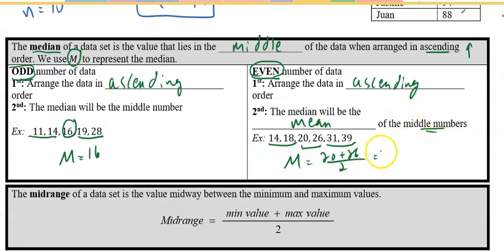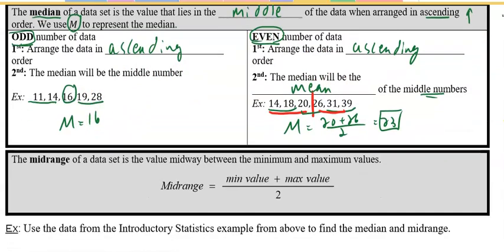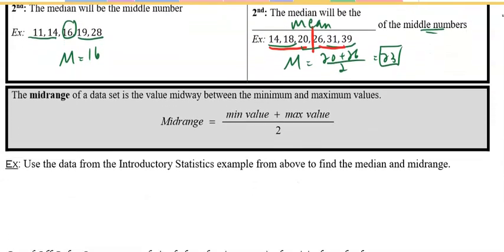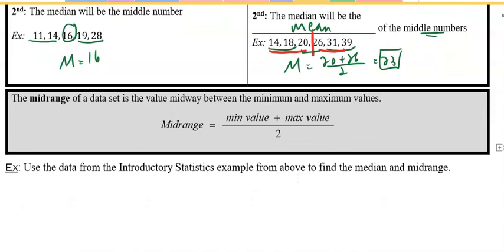That would be 23. Notice 23 is a number right there. Below are 3 scores, above are 3 scores. So the median will always break the data into 2 equal parts. Take the median, look above it and below it, the number of scores will match.